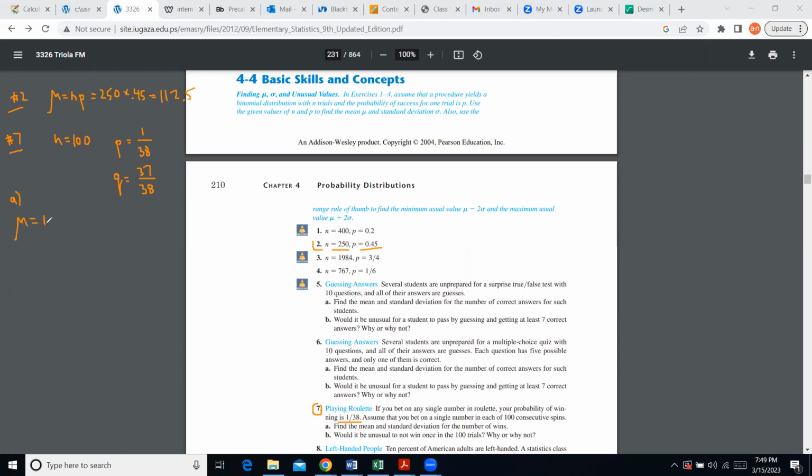And in part A, they want you to find the expected value of winning, which is np, as well as the standard deviation, which is the square root of n times p times q. So let us multiply 100 by p, which is 1 over 38.